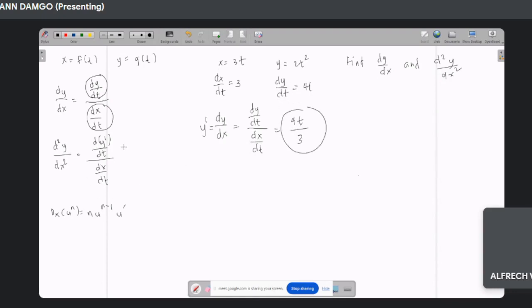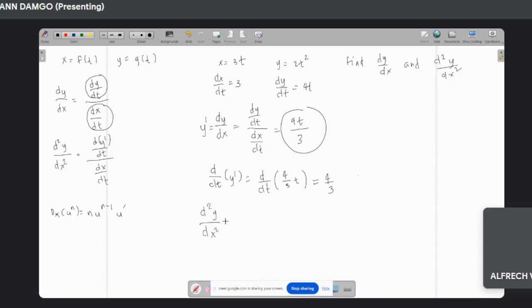Now, we solve for the d dt of y prime. Substituting the y prime, we have 4 over 3 t. So we need to find the derivative of 4 thirds times t, which is equal to 4 over 3. Okay, so now solve for the second derivative.